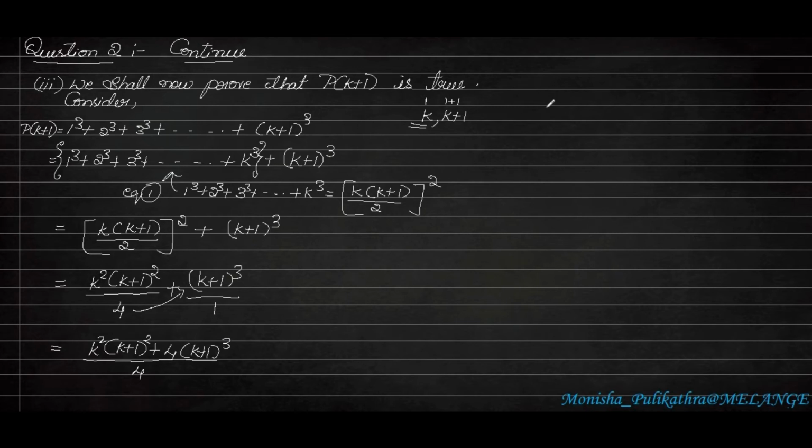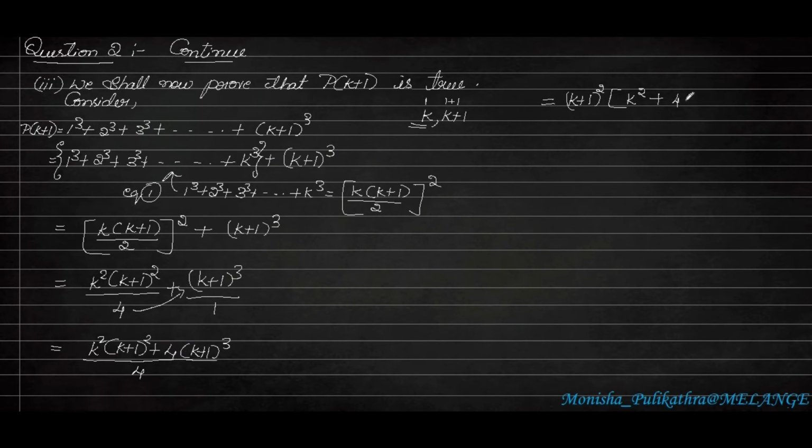In the next step, in both the segments we have k plus 1 whole square and k plus 1 whole cube. So we can take k plus 1 whole square as common. When I take k plus 1 whole square common, the remaining here is k square, and the remaining there will be 4 into k plus 1, since one more k plus 1 will be remaining and 4 is there.